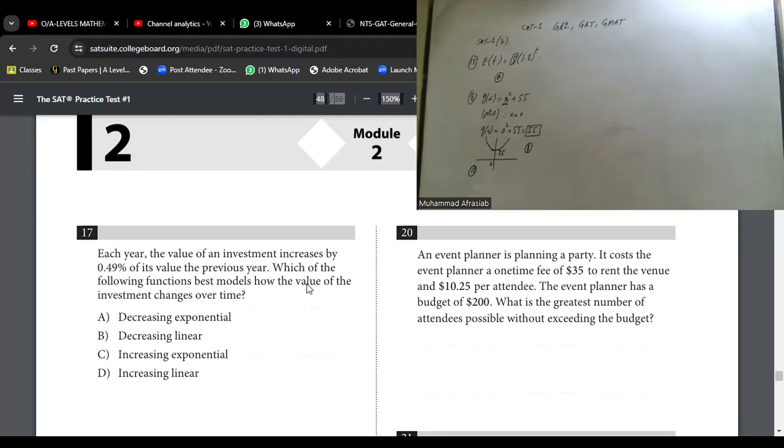Which of the following best models the value of the investment as it changes over time?